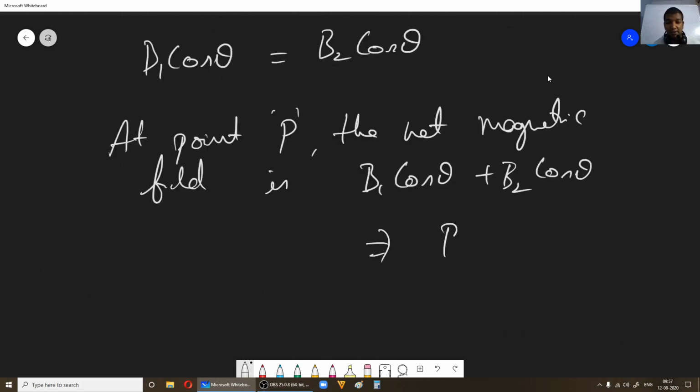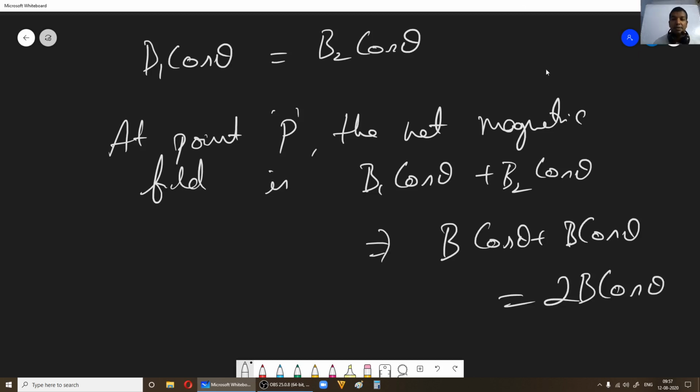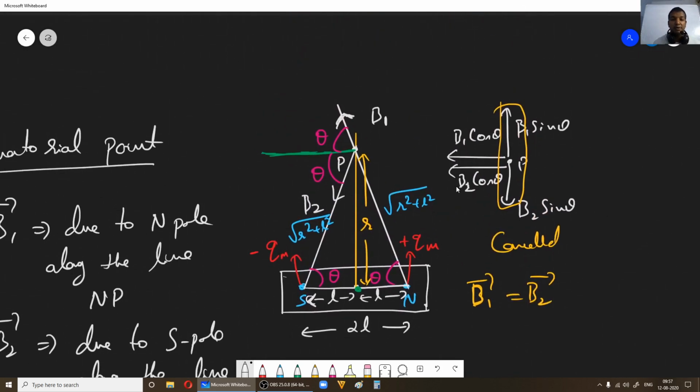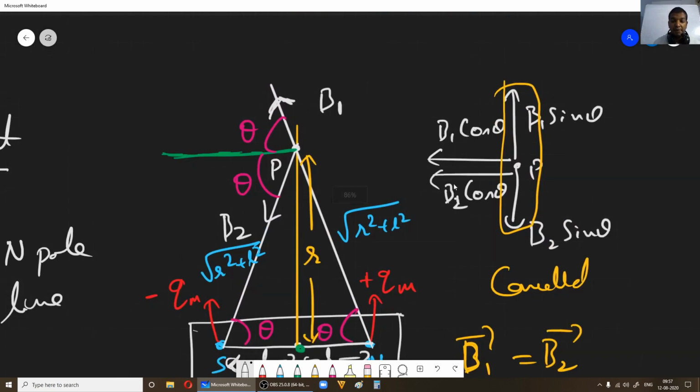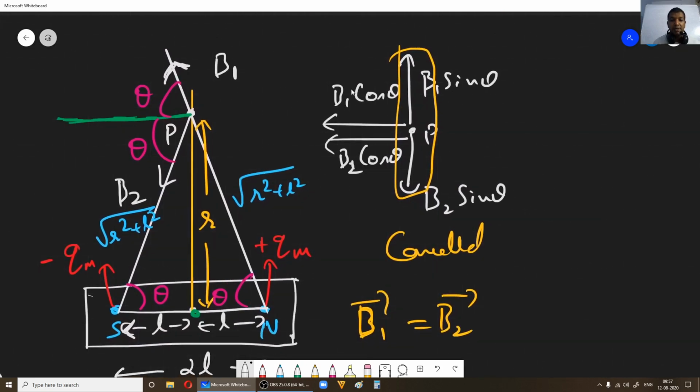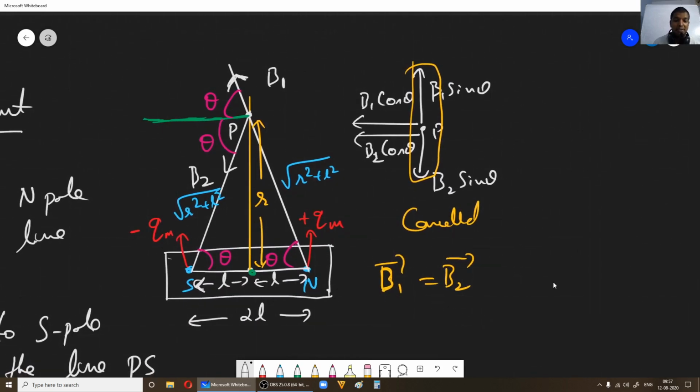That implies B cos theta plus B cos theta, so that would be equal to 2B cos theta. Here is your explanation for this. B1 and B2 are the same, so B1 cos theta and B2 cos theta add up because they are in the same direction.